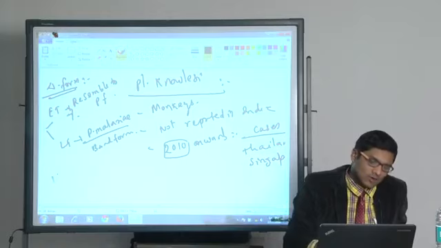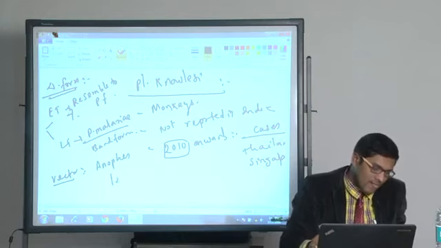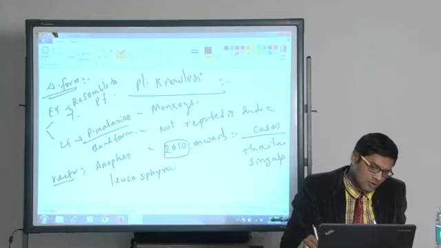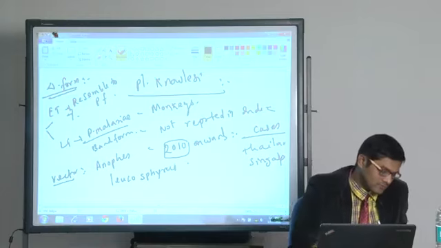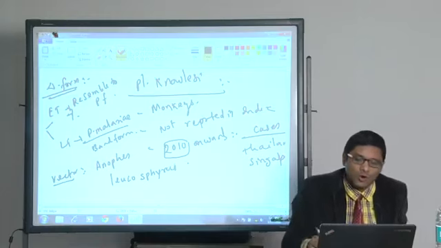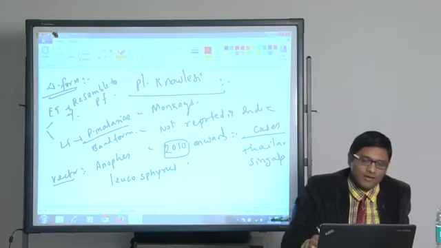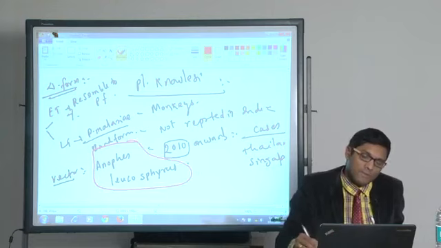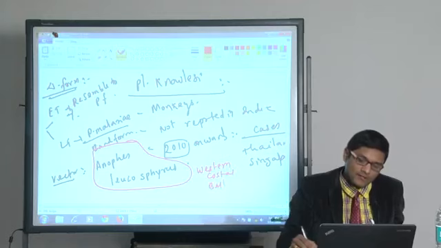Okay, and as I told you, here the vector is a particular species of Anopheles called Anopheles leucosphyrus. Though Plasmodium knowlesi is not found in India, Anopheles leucosphyrus is found in the western coastal belt of India.